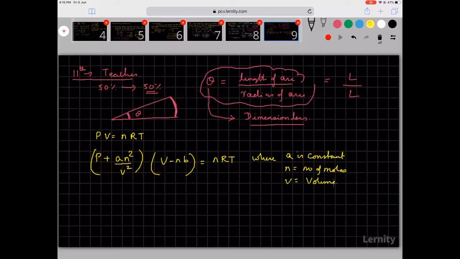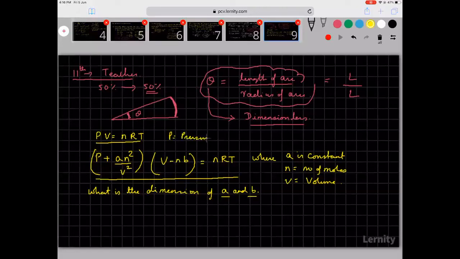Now I am giving you a question: what are the dimensions of A and B? Here I have given you a formula. I am saying that PV is equal to nRT, where P is pressure, V is volume, T is temperature.